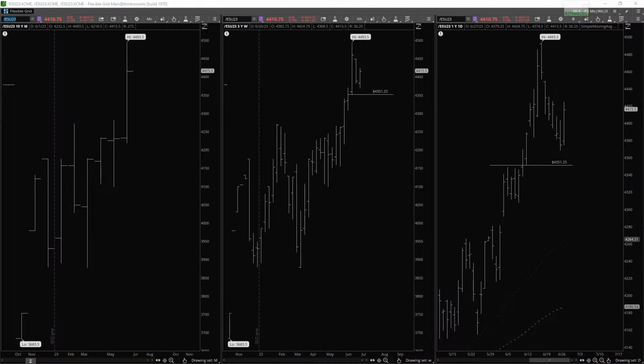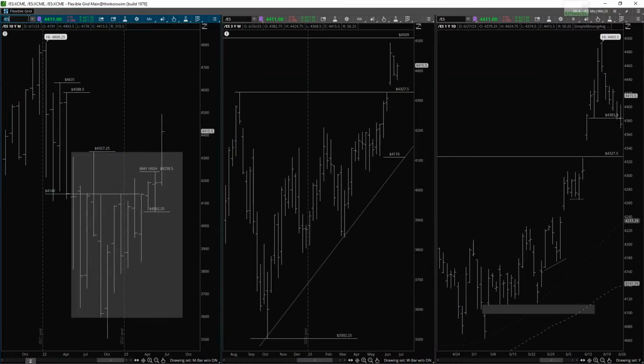But the break, right? After this rally, everybody was looking to the downside, meaning all the short-term traders. Now let's go back again to the ES.